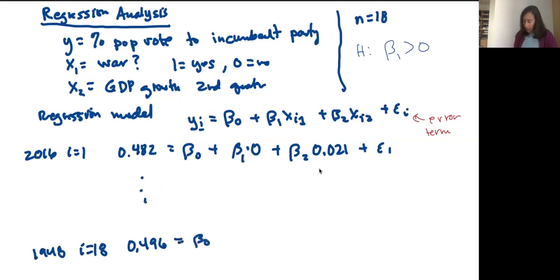Still don't know what beta 0 is or beta 1. Again, it was a year when we were not at war, so that's a 0 on our x1. And GDP growth was 4.6%, plus epsilon 18.